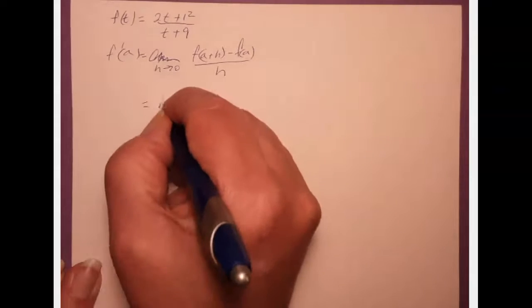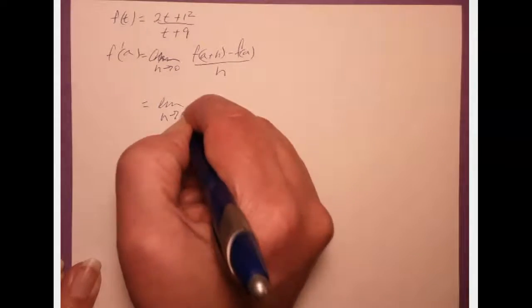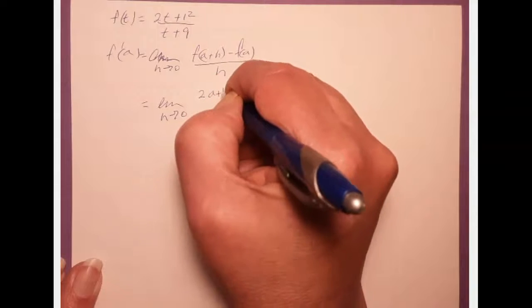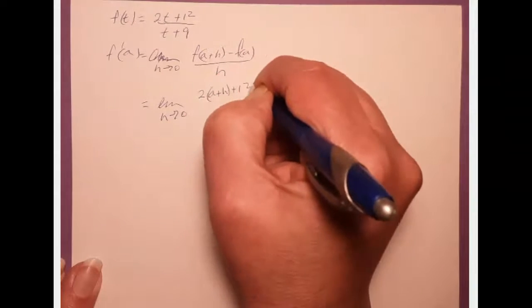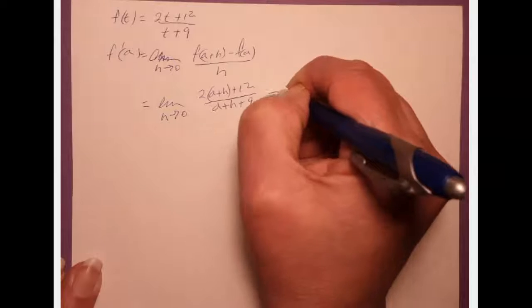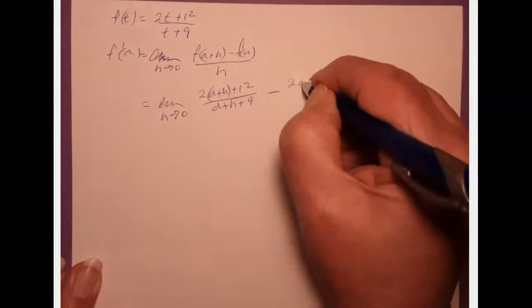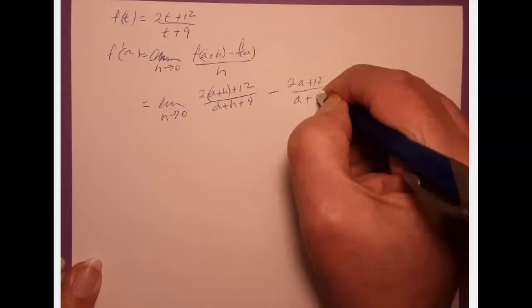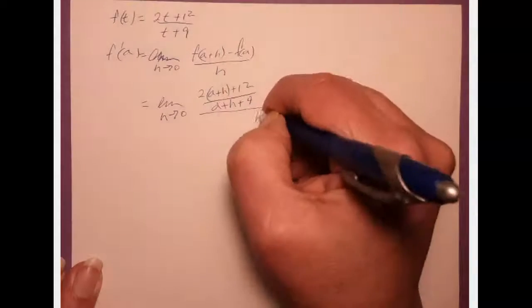So this is the limit as h goes to 0 of f of a plus h, which means I'm going to put in 2 times a plus h plus 12 over a plus h plus 9 minus f of a, which is 2a plus 12 over a plus 9, all over h.